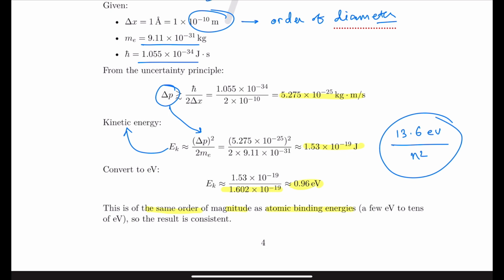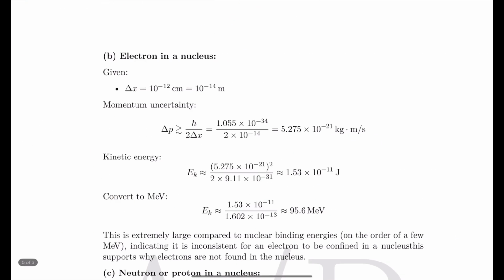So for the second orbit, it is going to be 13.6 divided by 4, and 13.6 divided by 9, and so on. So this is of comparable value, the order is the same. So yes, this is consistent with the actual observation.